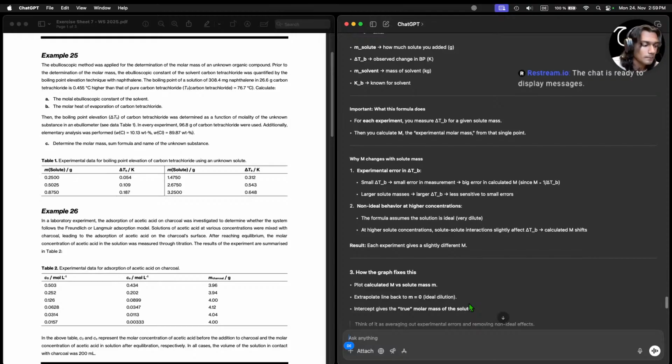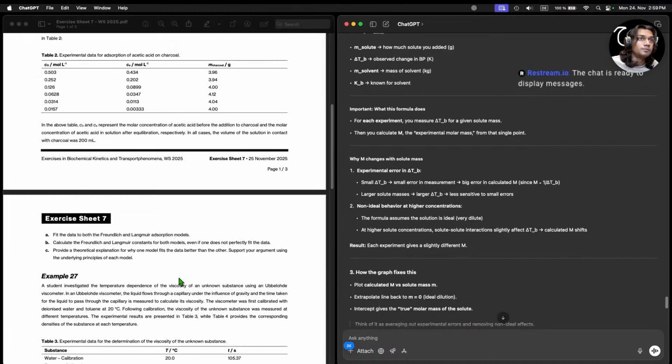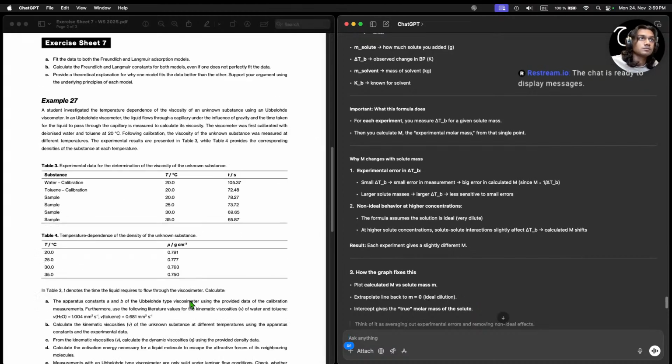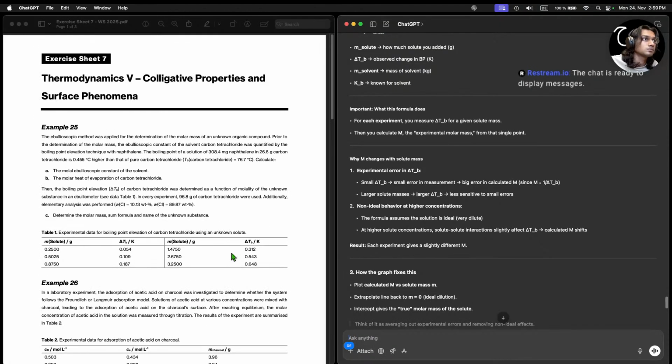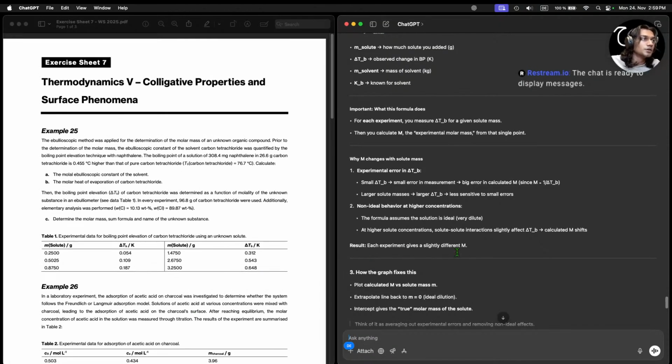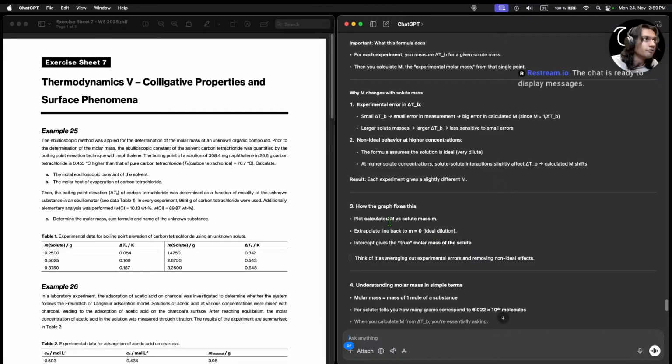So if I'm having a presentation, that means if I'm answering, I should know exactly what I'm saying. Each experiment gives, okay, how the graphics is this a plot? Intercept gives the true molar mass.